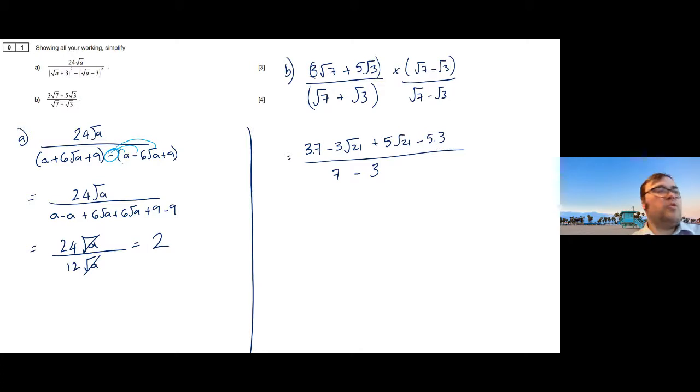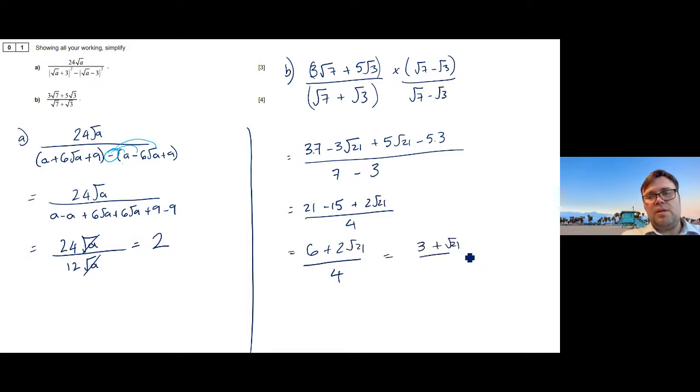So I've got my 4 terms. Simplifying that down would give me 21 minus 15, and then plus 2 root 21, over 7 minus 3, which is 4. And then that would give me 6 plus 2 root 21 over 4, which is 3 plus root 21 over 2. And then you're done. So that is 7 marks for that first question.